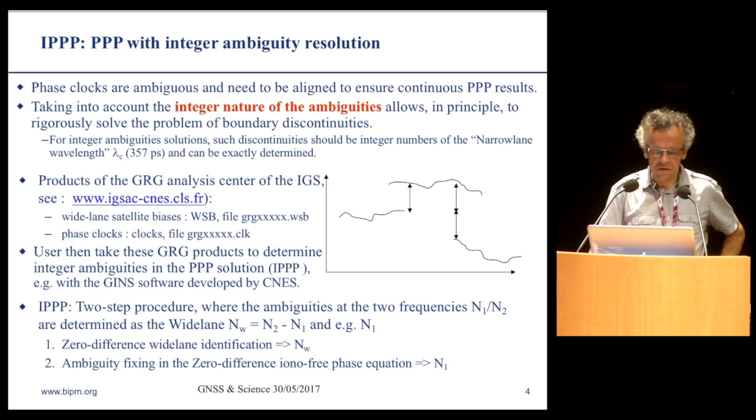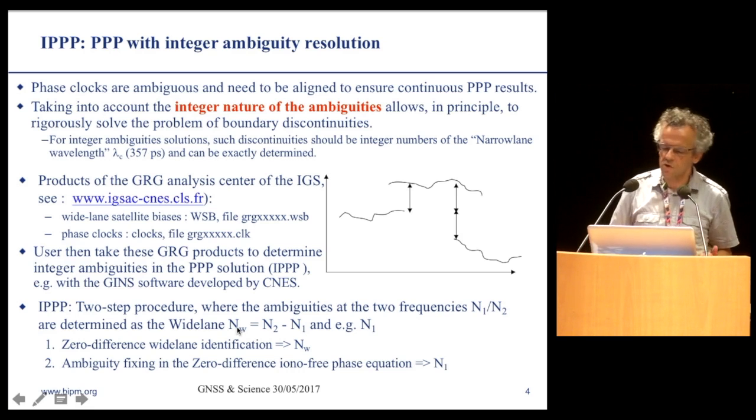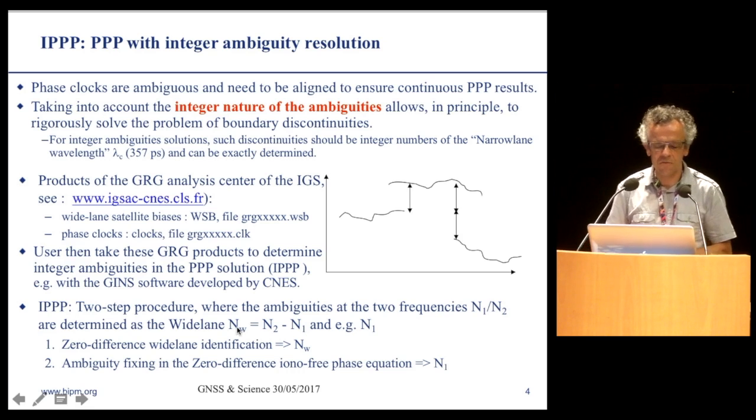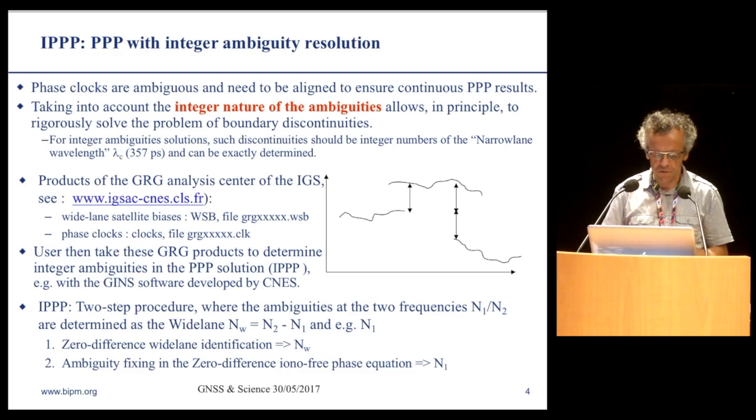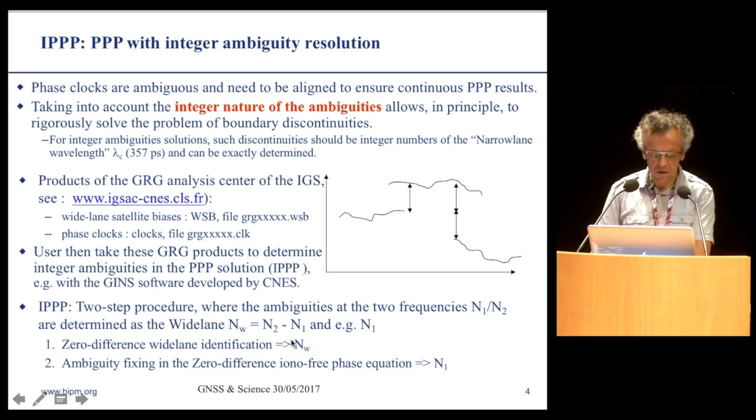So this process is, as I will describe, a two-step process. First, there is zero difference. Of course, you have to determine two ambiguities at the two frequencies, because we are dealing with dual frequency measurements. So in this process, we first determine the difference between the two ambiguities, N2 minus N1, and then N1.